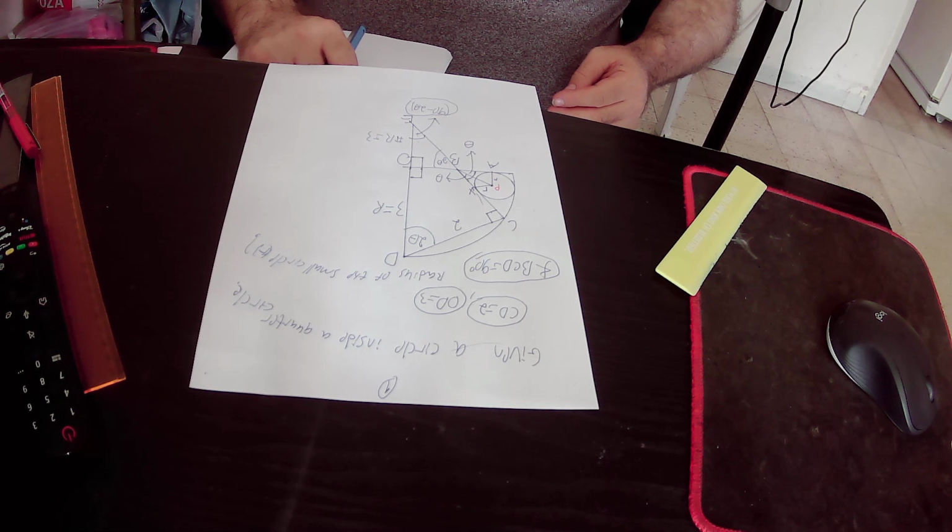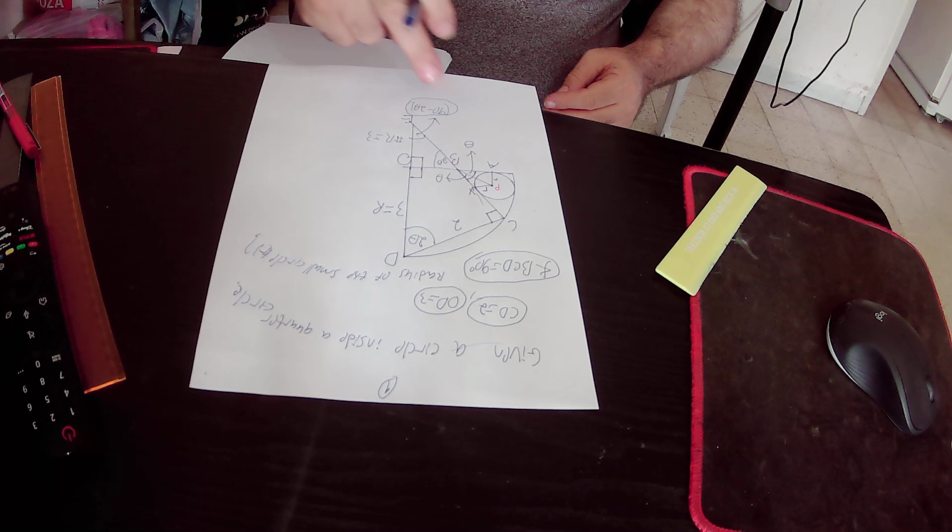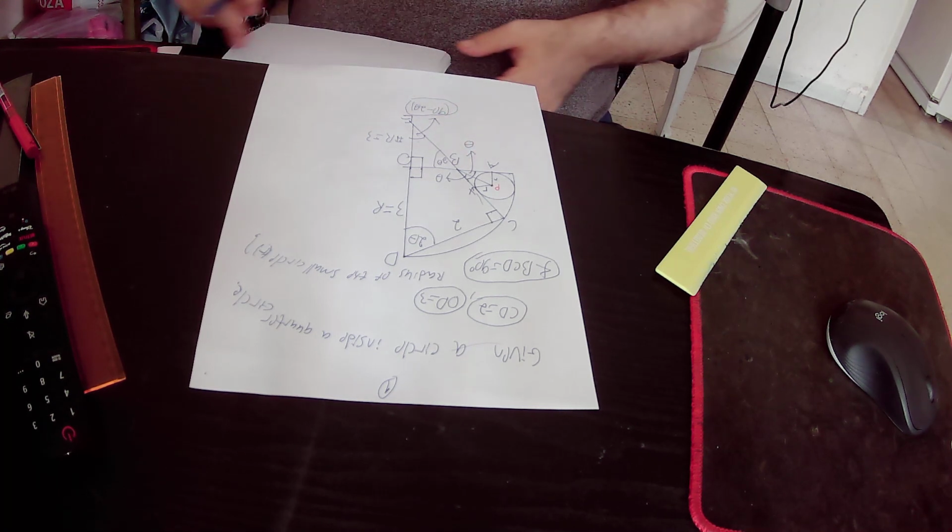In the next step we will create a semicircle from this quarter circle.